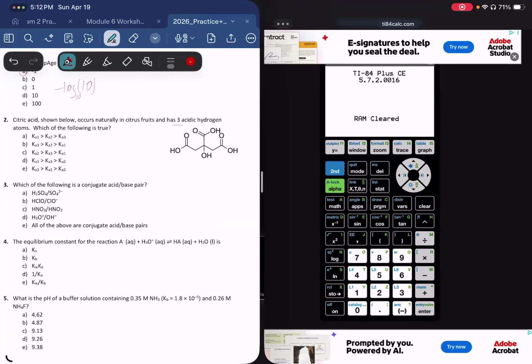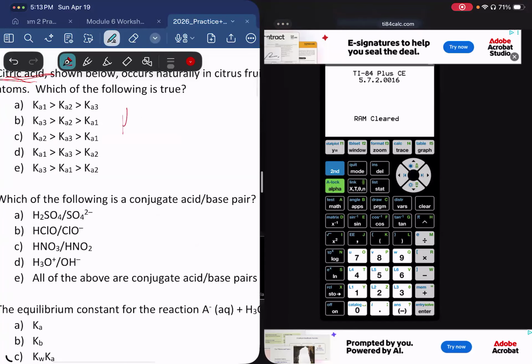Second one, they give you three acidic hydrogens. They give you some acid that you're not familiar with, and they're asking which of the following is true. They're comparing the different Ka's of the different hydrogens. The concept is that the first Ka of any acid is going to be the greatest, then Ka2 is going to be the second greatest, and then Ka3 the third greatest.